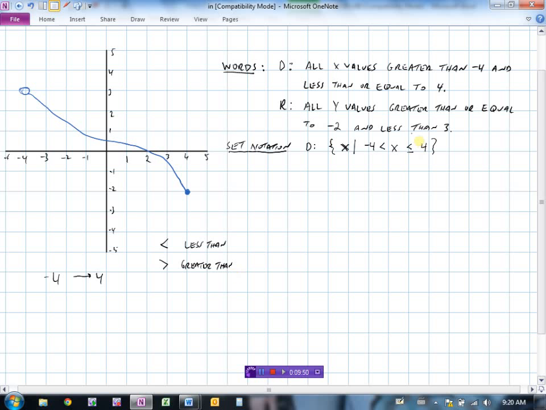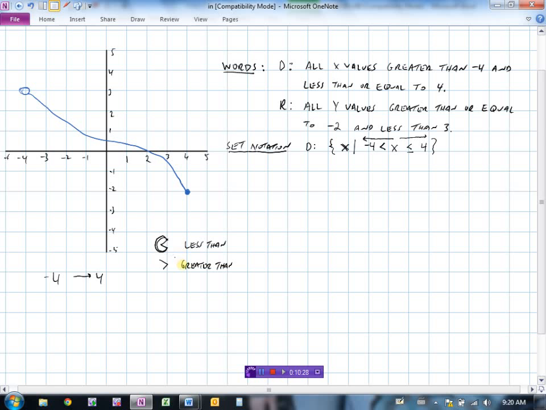And when you're looking at this expression, if we read the sentence this way, this would read x is greater than -4. And when we read it this way, x is less than or equal to 4. So that's how we express the domain of our function using set notation. And just remember this little symbol here, the big thing here, this is, I don't know if you played Pac-Man or whatever before, but if you kind of draw a little circle around there, you get the little Pac-Man symbol.